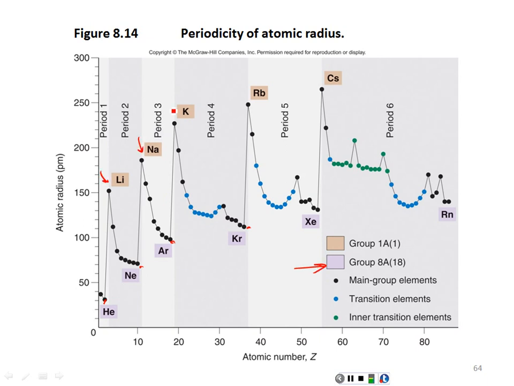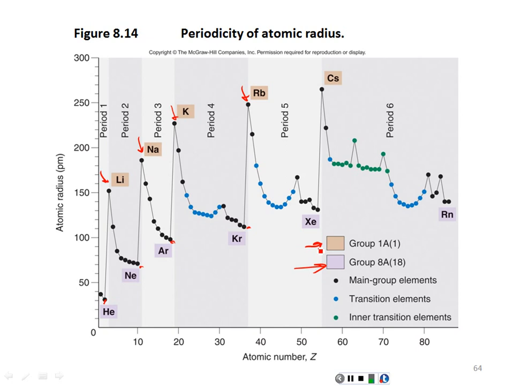And the largest atoms in every row are going to be those in group 1A. Now if you look at the main group elements shown in black, there are really no exceptions. For the most part, at least in the first 4 rows of the periodic table, there aren't any exceptions.